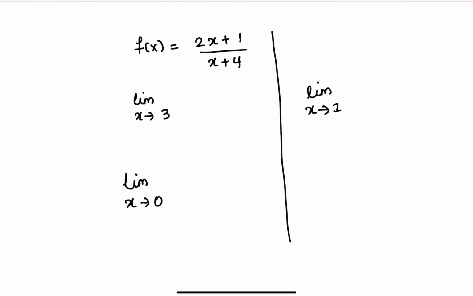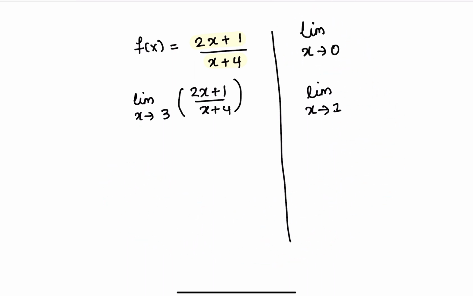Now you can separate the limits for the top and the bottom and do it, but I'm just going to do it from right here. So this is the limit of 2x plus 1 over x plus 4. Actually, I'm going to move this to this side and simplify this one. So the limit as x goes to 3 of 2x plus 1 over the limit as x approaches 3 of x plus 4.